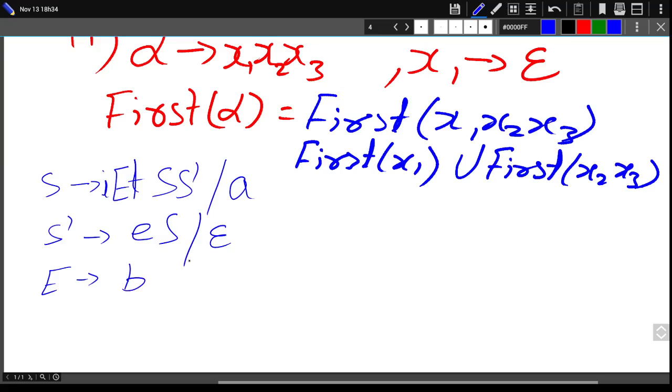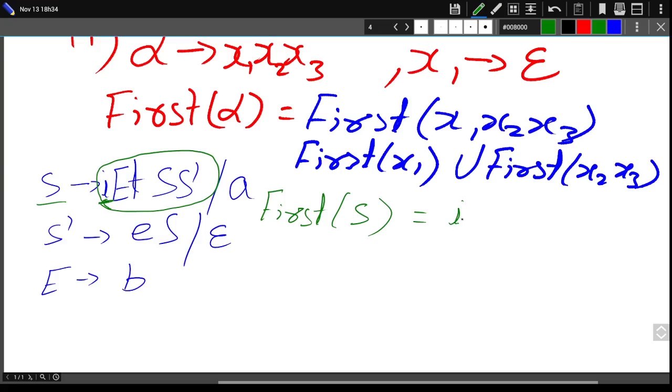So what will happen if we are thinking about first of, suppose S, first of S will be first of this part, first of this part is I, so I is the answer.